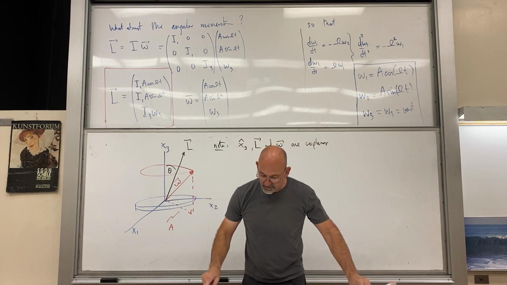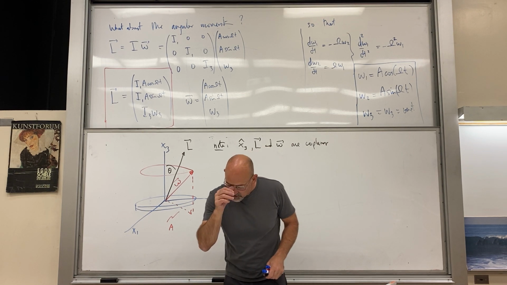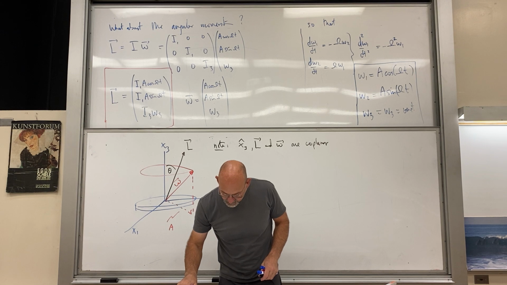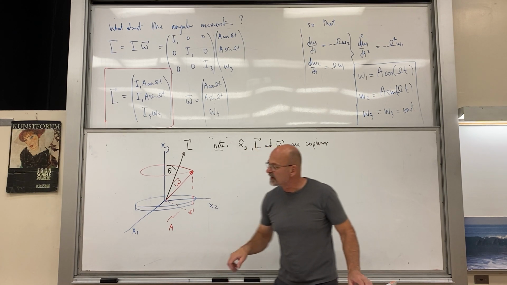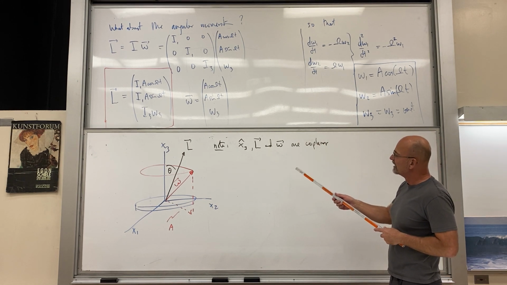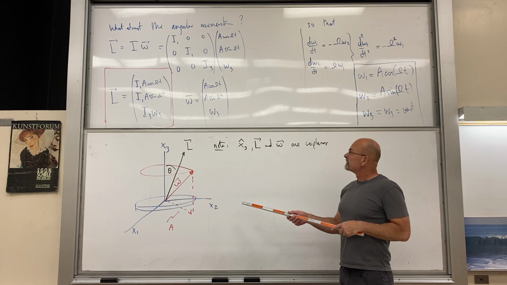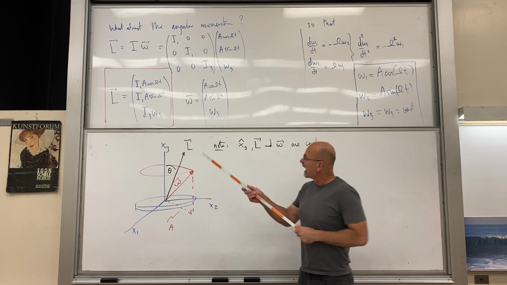Have we arrived? No, now we got to do some analysis and make sure I didn't miss anything. So now we have to just point and discuss. Most things or many things are on the board. Now remember, in the lab frame we have conservation of angular momentum.